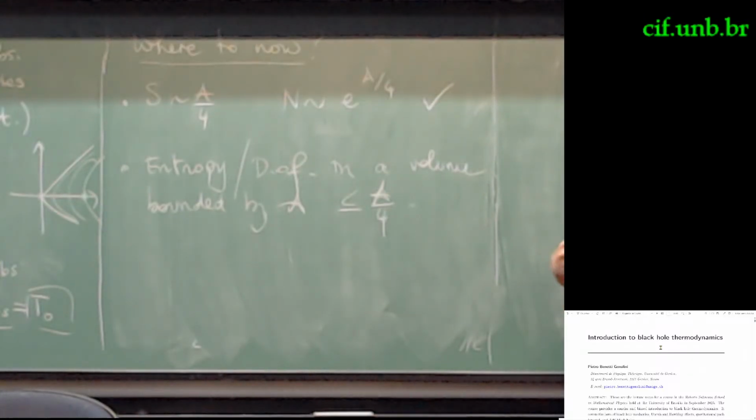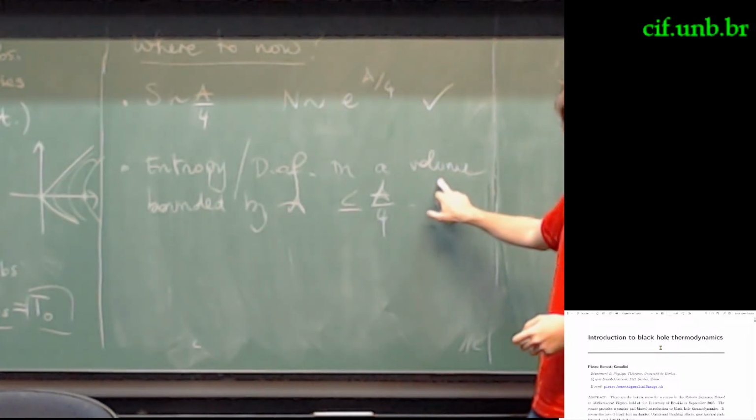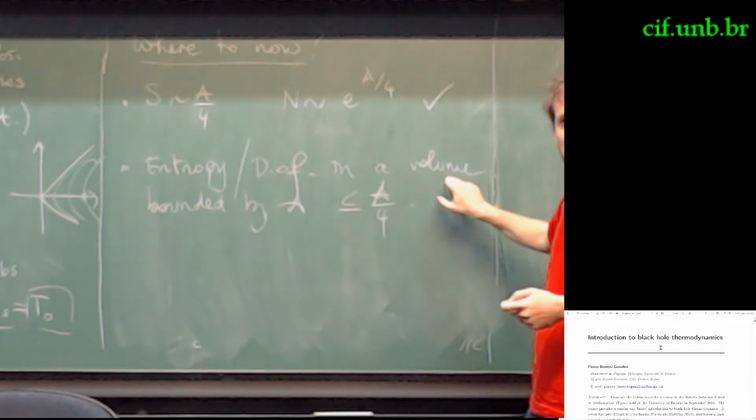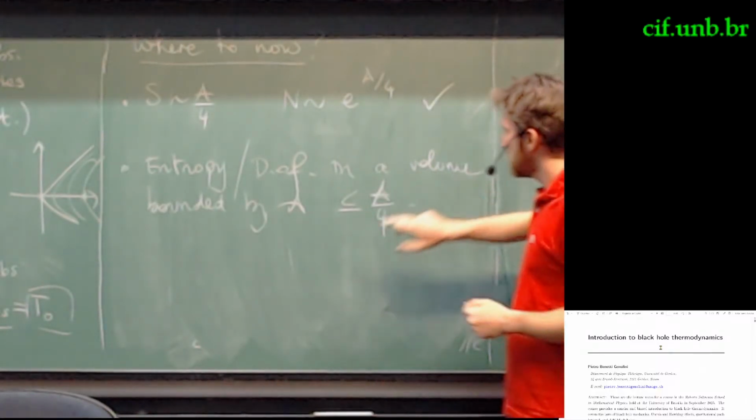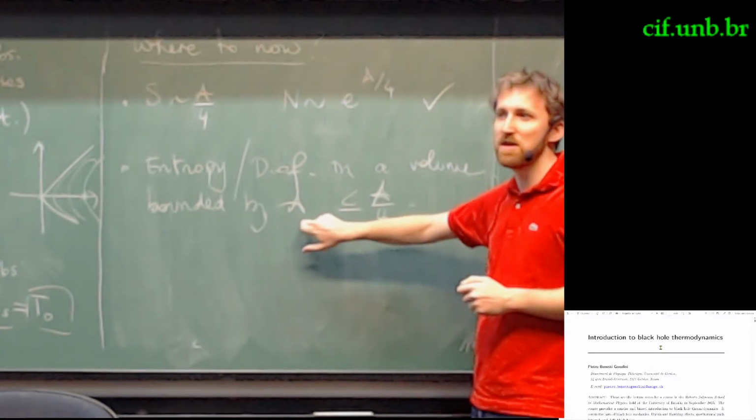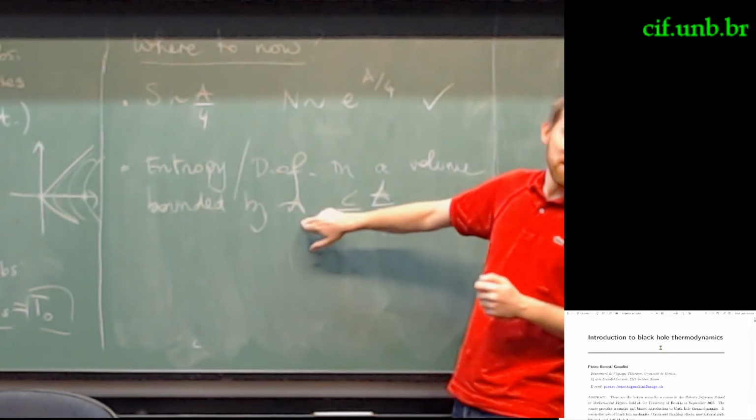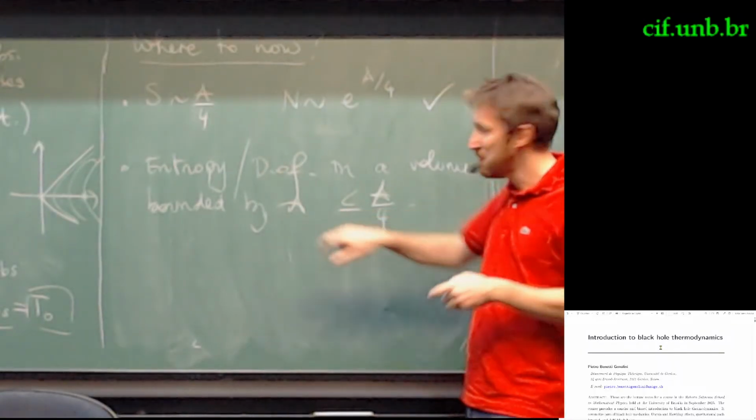But the entropy of a black hole is just proportional to the area. The scaling of the degrees of freedom in gravity, therefore, is not proportional to the volume. It's not extensive in the volume, but it's proportional to the area of the bounding surface.